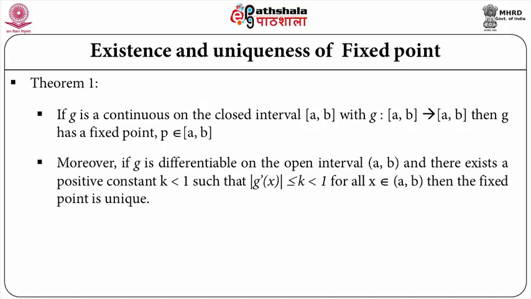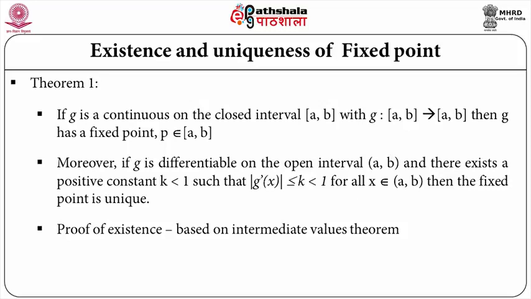In other words, the absolute value of the derivative of G is less than 1, and in that case the function G will have a unique fixed point. The proof of the first part of the theorem is based on the intermediate value theorem, which we have already learned in the introductory module, and the proof of the second part is based on the mean value theorem.